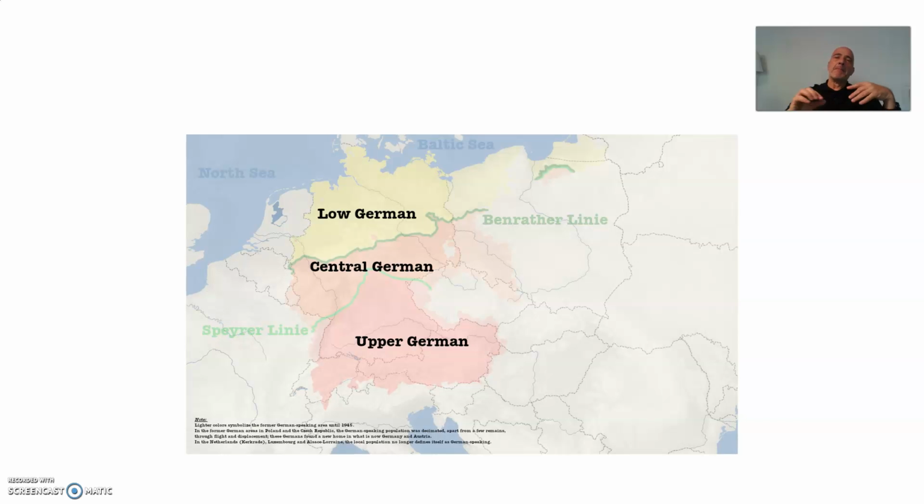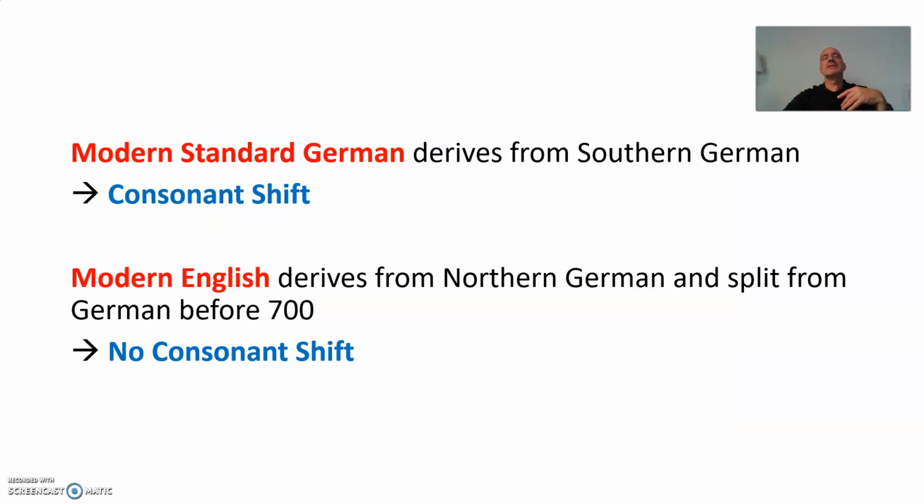Since the modern standard derives from Southern German, it has this consonant shift, and English doesn't, because English derives from Northern German and split from Northern German something like 1500 years ago, even before this sound change occurred in High German.